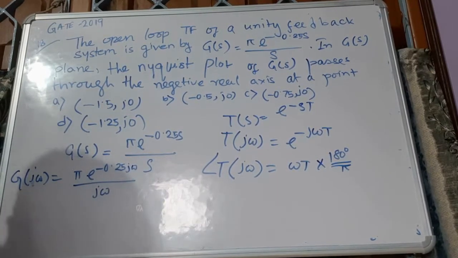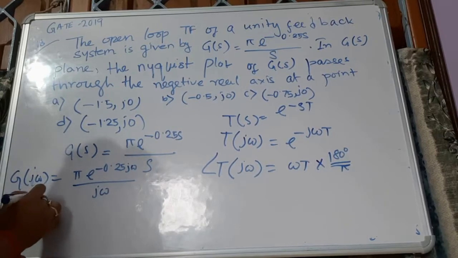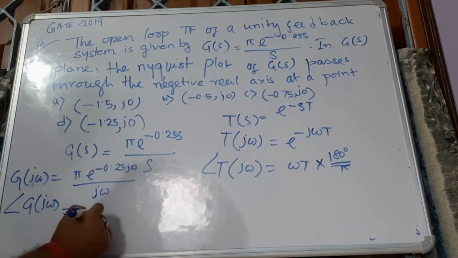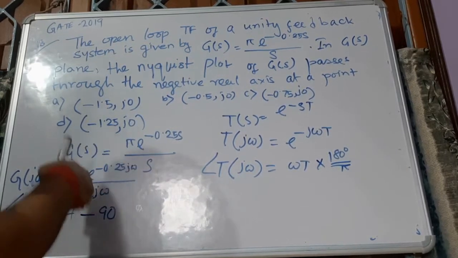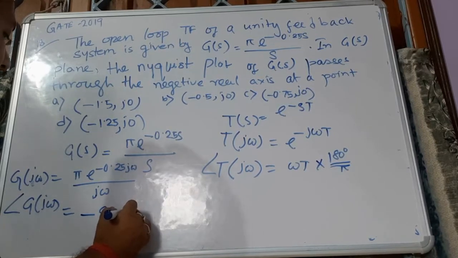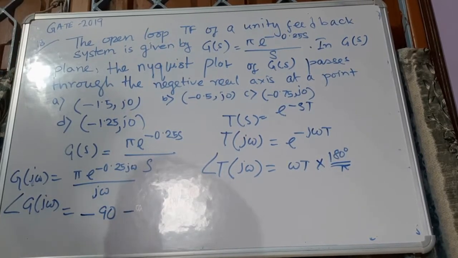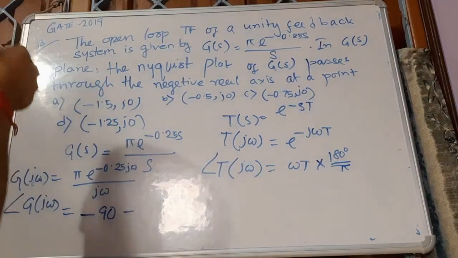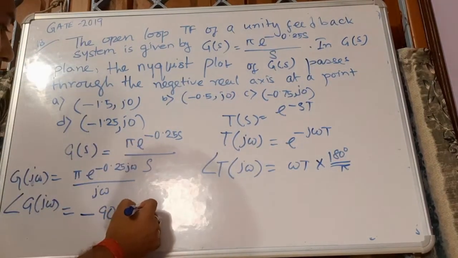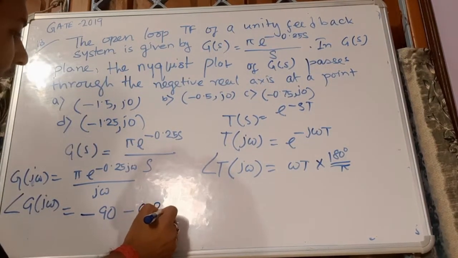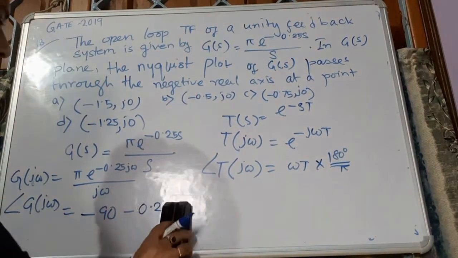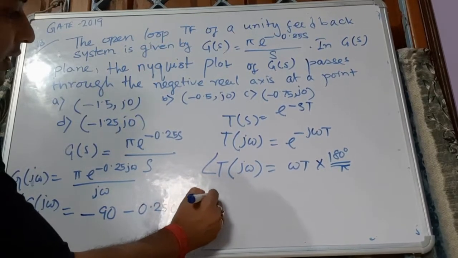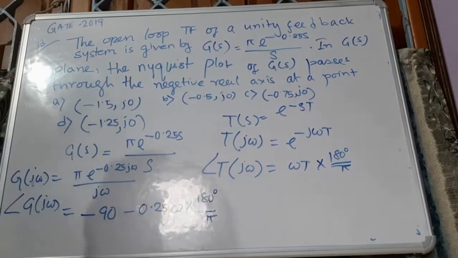Now if I want to calculate the angle, for the j in the denominator this will be minus 90, and for the numerator part, using this solution, we get minus 0.25 omega into 180 degree divided by pi.